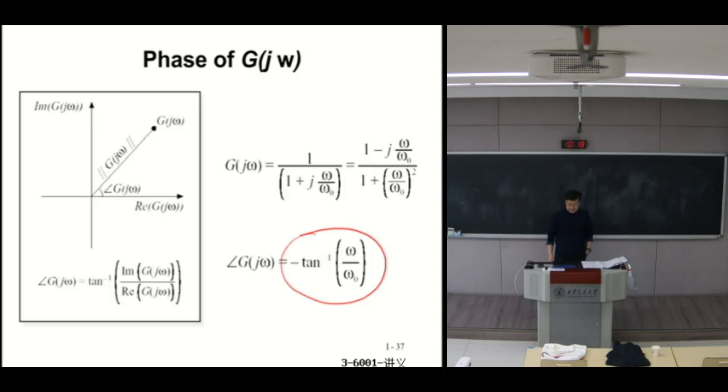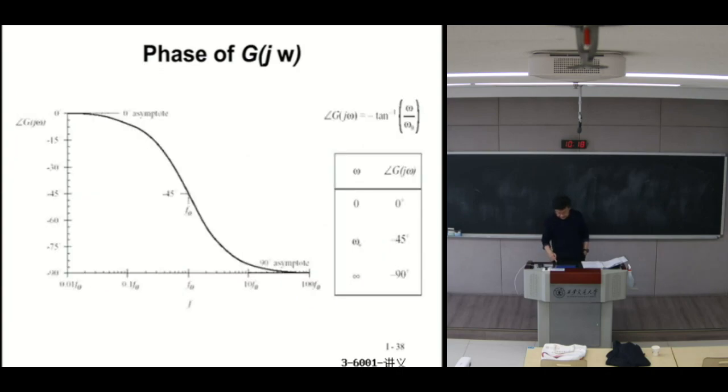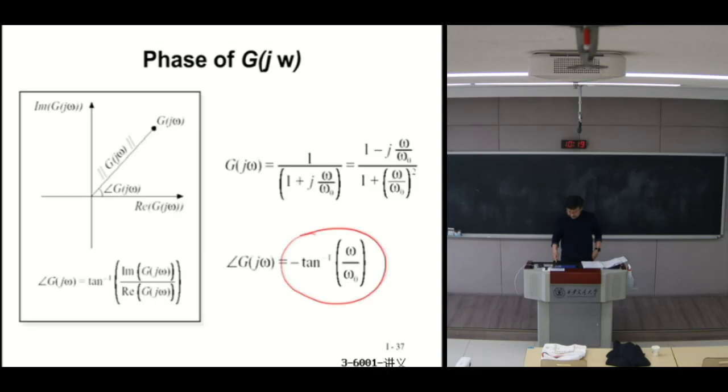Okay, that has a picture of a curve like this. Again, when you deal with very low frequency, where omega is much smaller than omega 0, this item is going to be approaching 0.